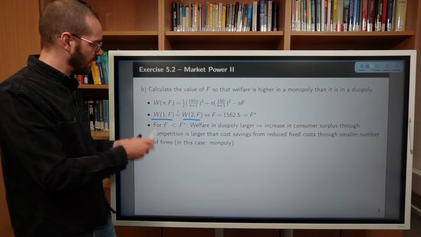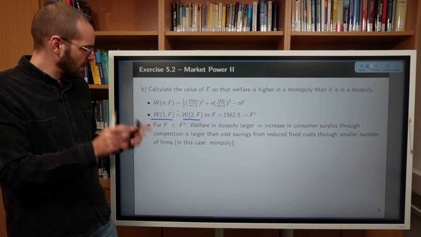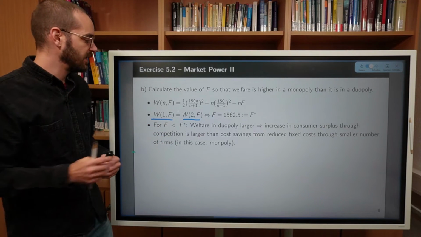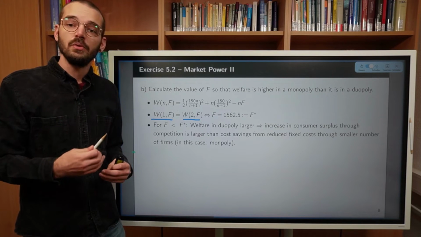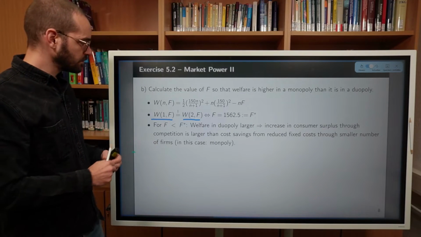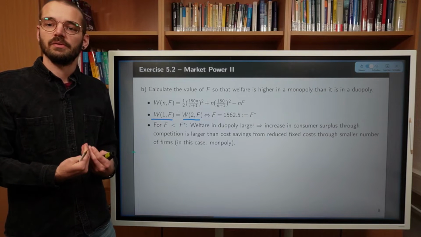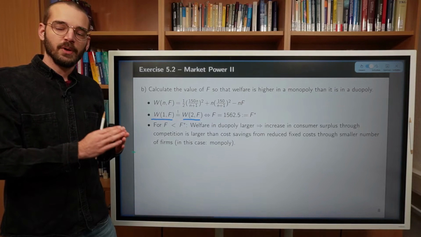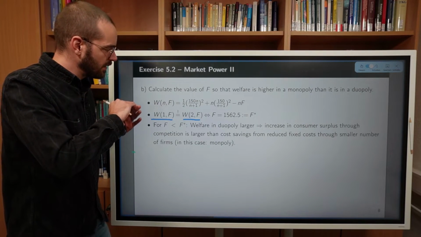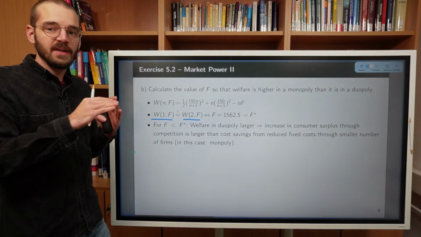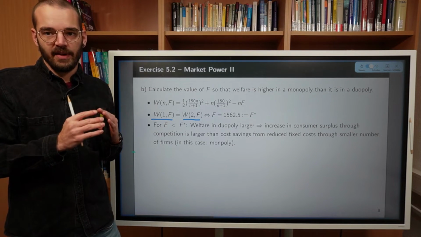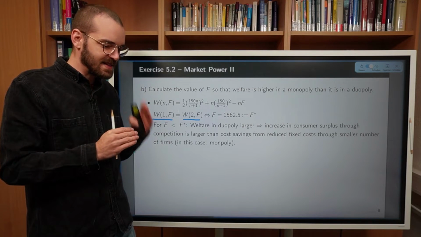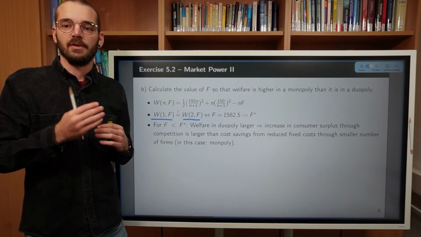All right, so now we have these two expressions, W of n equal 1 and F on the one hand, and then on the other hand W of n equal 2 and F. Now, in the intersection of these two functions, of course, we find exactly the value of F for which the welfare in monopoly is exactly equal to the welfare in the duopoly, right?